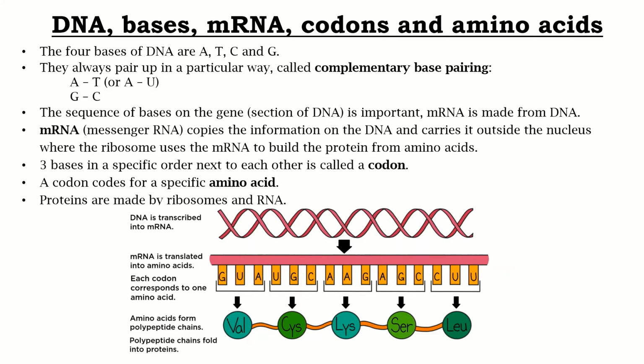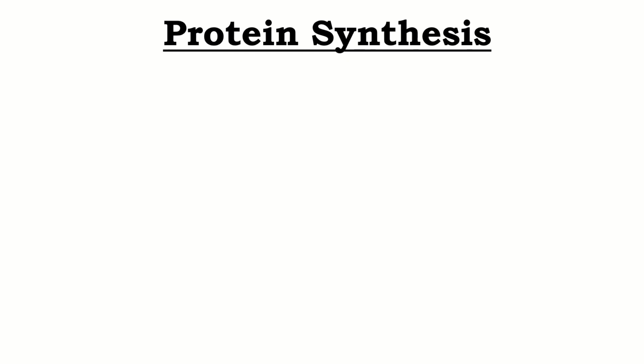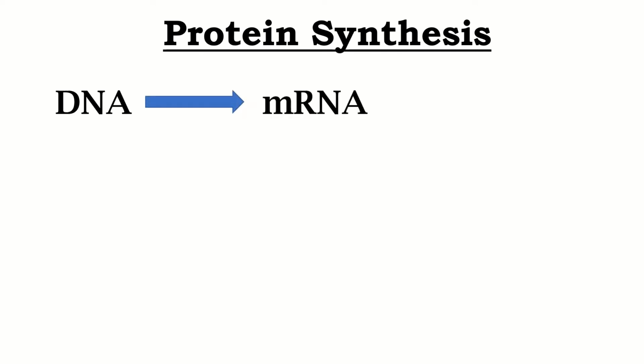Proteins are made by ribosomes and RNA, and protein synthesis takes place in the cytoplasm. So protein synthesis, in a nutshell, we'll discuss it in more detail in a short while. DNA is transcribed into mRNA or messenger RNA. This process is called transcription.